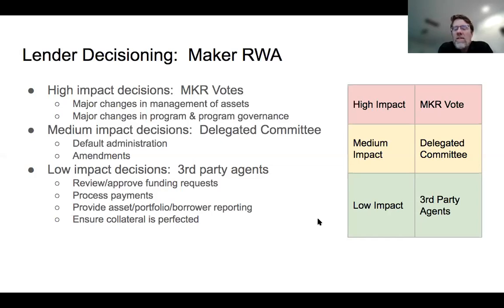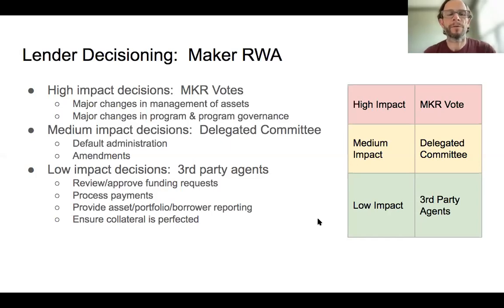Someone needs to sit there and think about it, and make a decision. I would argue at some point, if it becomes a big enough change, you probably go to the maker voters themselves. But if they're like, look, let's allow 10% of the whole facility to be in high quality Canadian loans, it's not that big a deal. Someone should make the decision efficiently and not waste the maker voters' time.